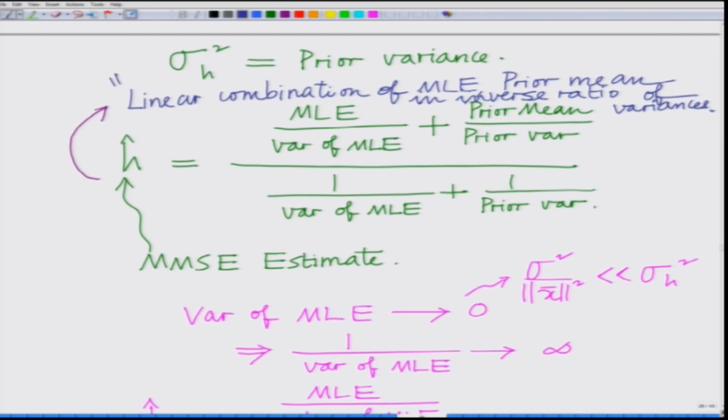Okay. So, this is an important principle to keep in mind. So, linear combination of the maximum likelihood estimate and the prior mean in the inverse ratio of their variances.